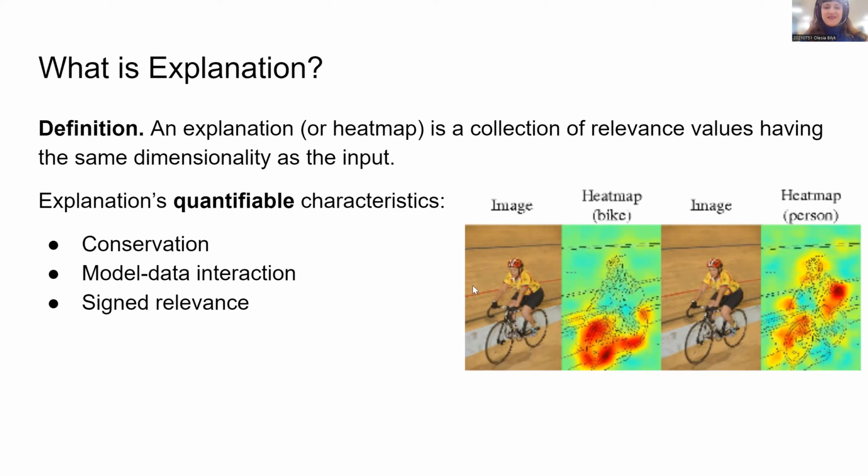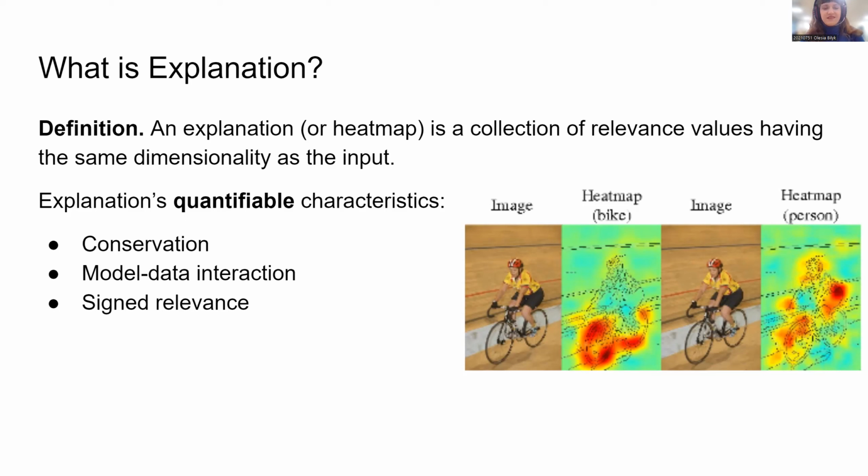To check whether those criteria were met, three quantifiable aspects of explanation are used: conservation, model data interaction, and signed relevance. Conservation suggests that the summed relevance values should be approximately equal to the total evidence at the output of the network. Model data interaction states that an input feature on its own cannot be regarded as relevant or irrelevant.